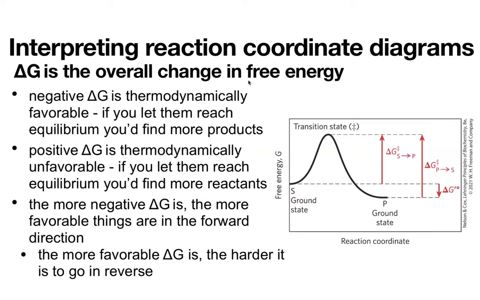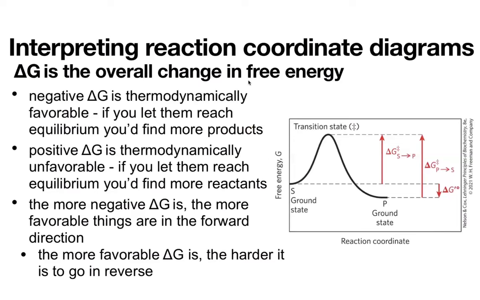Now, delta G is the difference between our substrate and our product. And remember that a negative delta G is thermodynamically favorable. That's saying if we let them reach equilibrium, you'd find more products. If we let the leprechauns hang out by the rainbow, you're more likely to find them by the pot of gold if you let them reach equilibrium. And alternatively, a positive delta G is thermodynamically unfavorable.